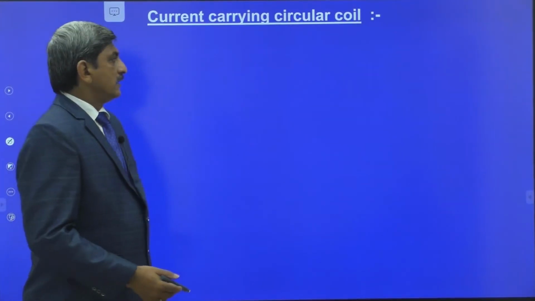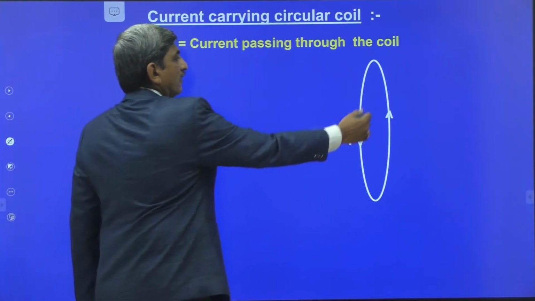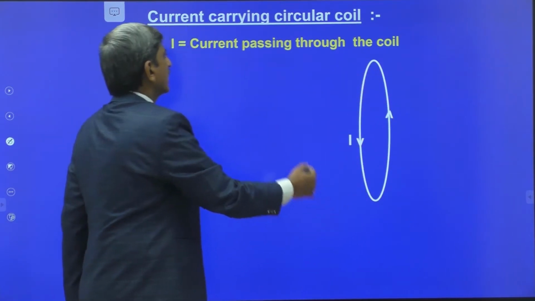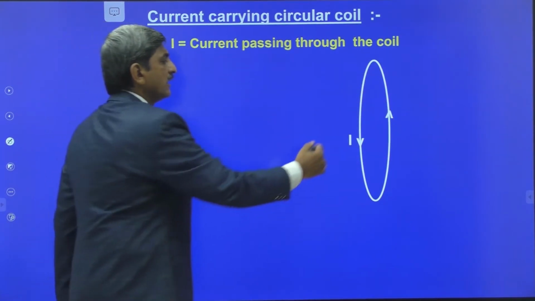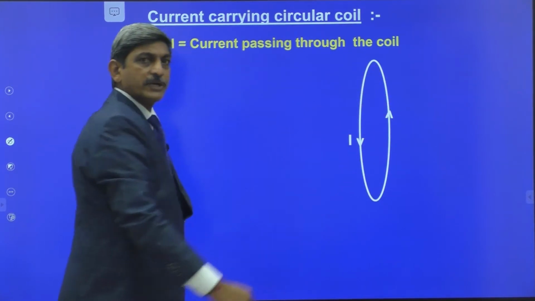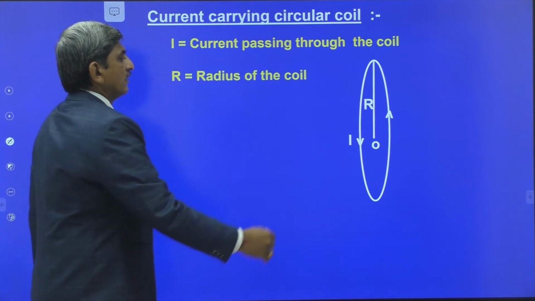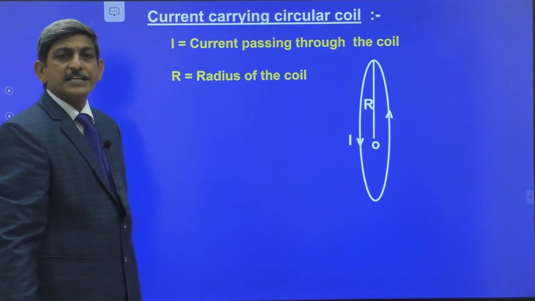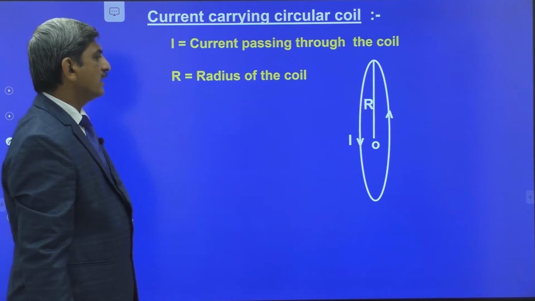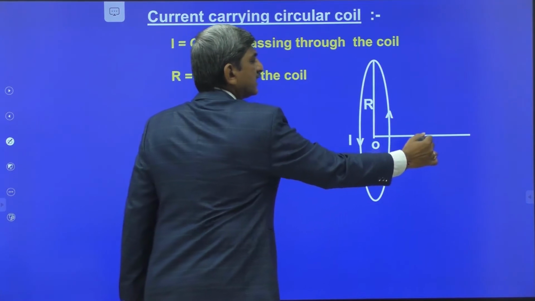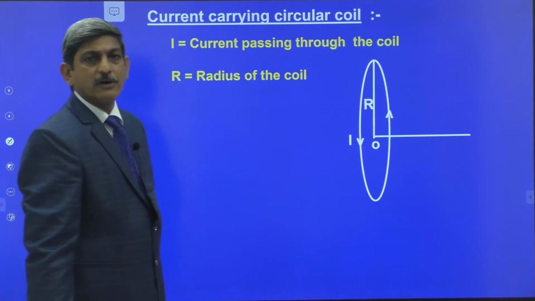current carrying coil. Suppose we have a current carrying coil in which a current I is passing through the coil in the anti-clockwise direction. Okay? Let O is the center and R is the radius of the coil. Let us join a line which is passing through the center and perpendicular to the plane of the coil.